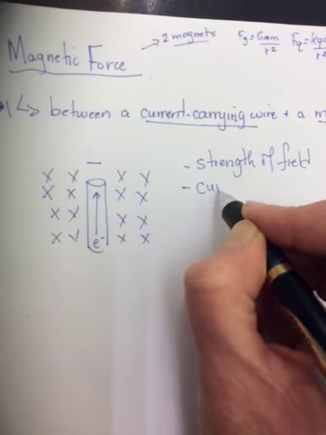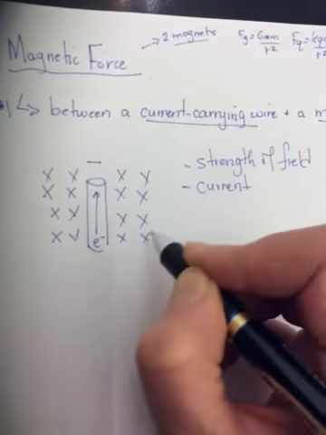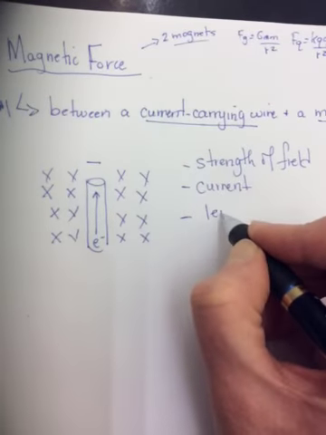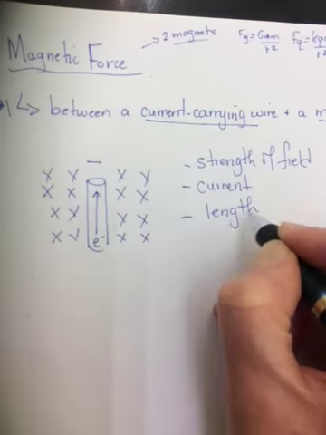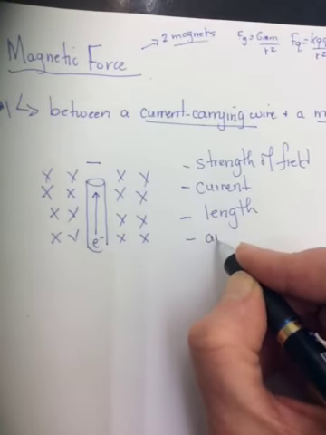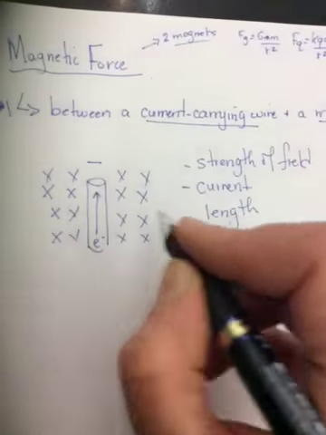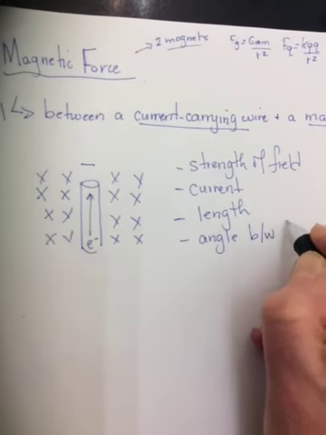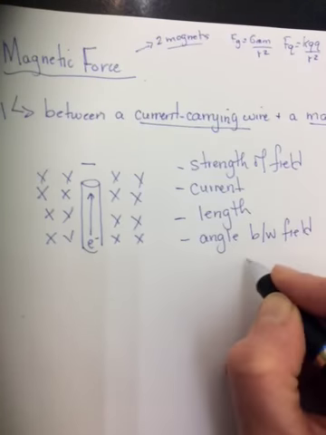Two would be the current flowing in the wire, and the bigger the current, the bigger the force. Three would be the length of the wire in the field, and the longer the wire, the bigger the force. And the fourth one is the angle that the wire is with respect to the field. So the angle between field and wire.